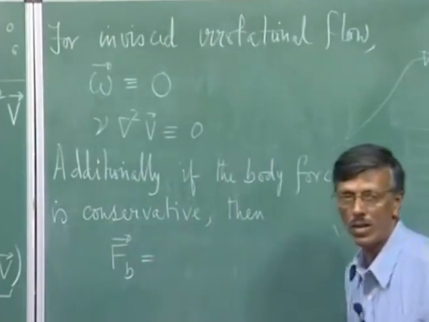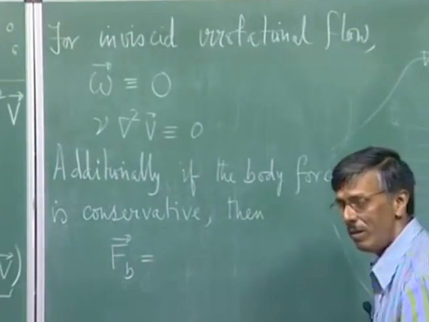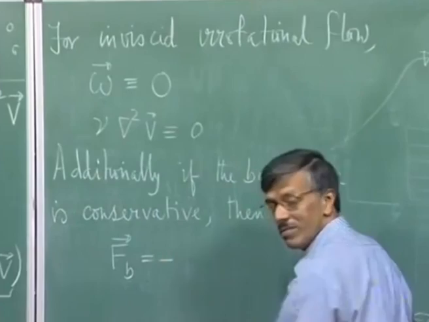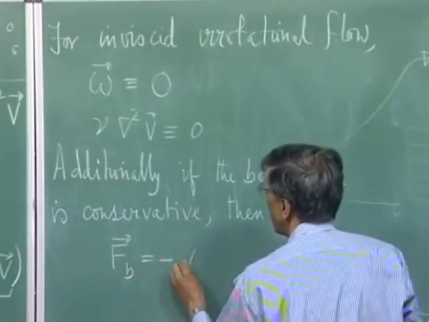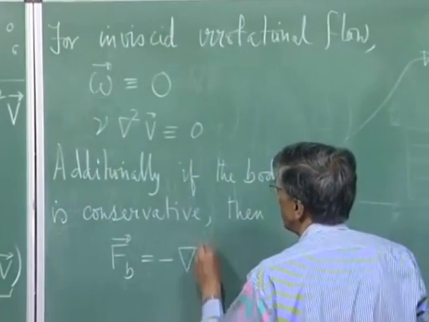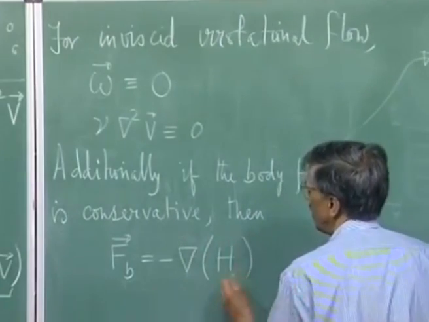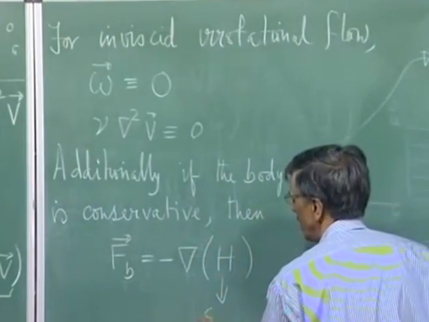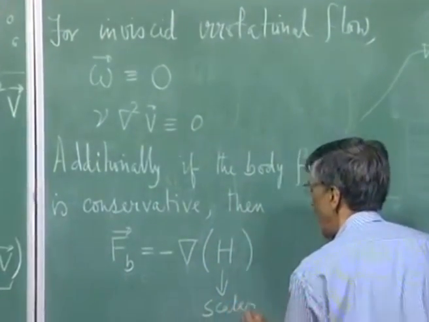A conservative body force would be minus a gradient of a scalar quantity. Let me call that scalar quantity h.